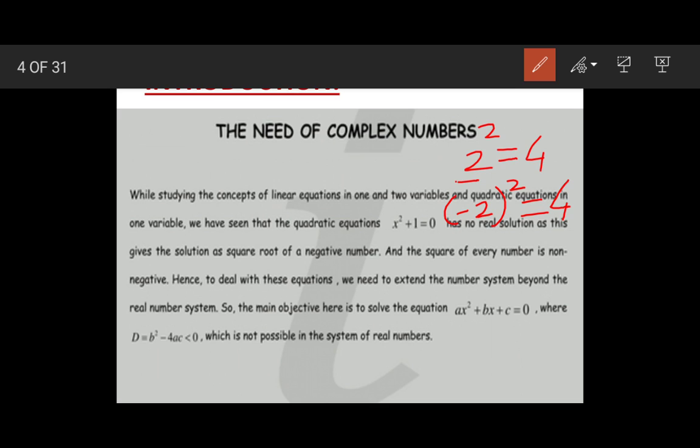So here x is 2, x is minus 2. When x is 2, then 2 square is equal to 4. When x is minus 2, then minus 2 square is again equal to 4. So in both the cases, we are getting the positive answer.